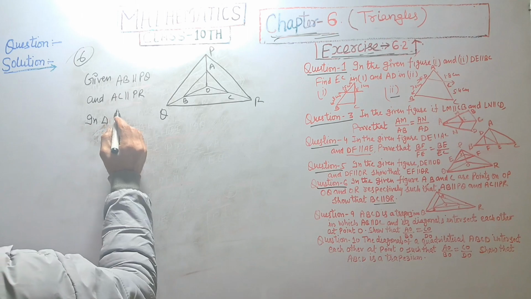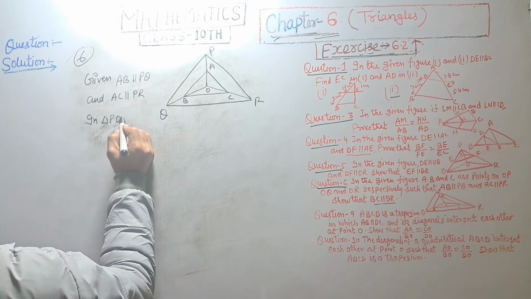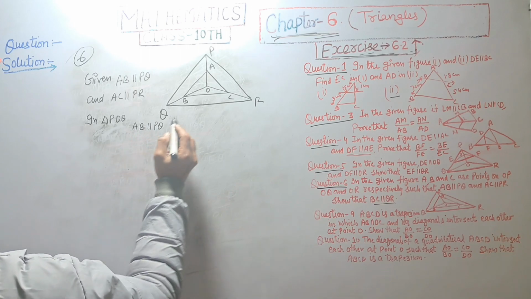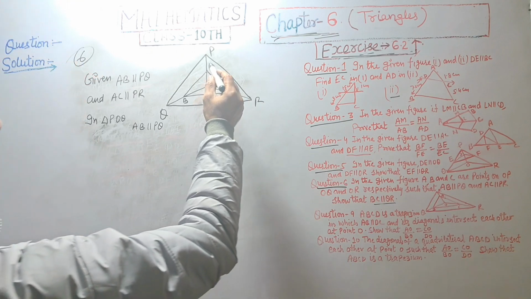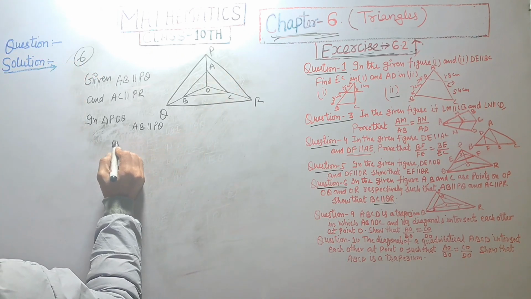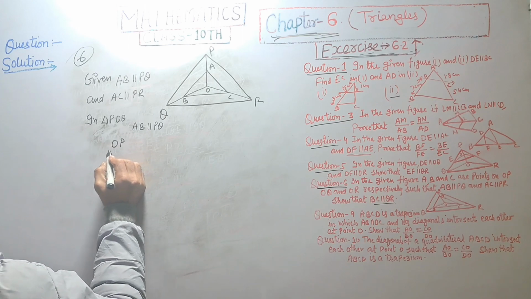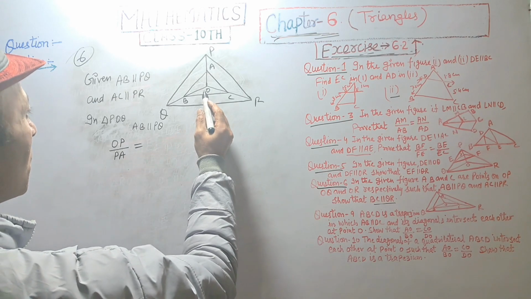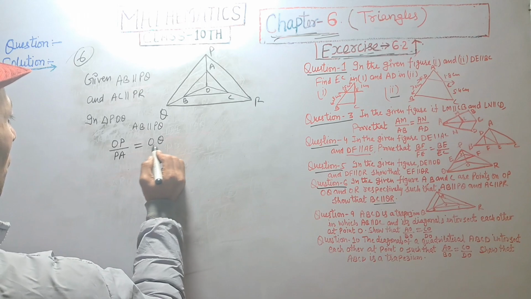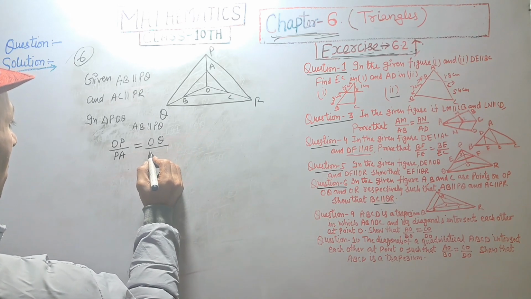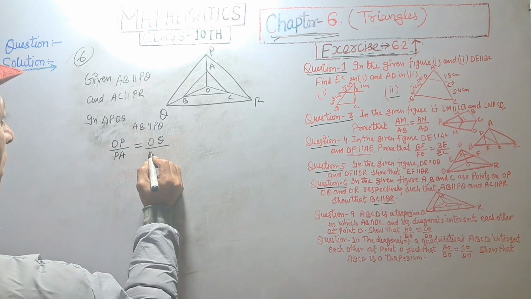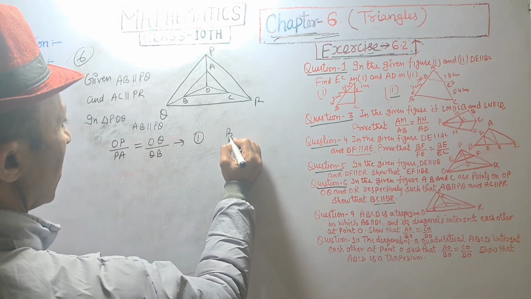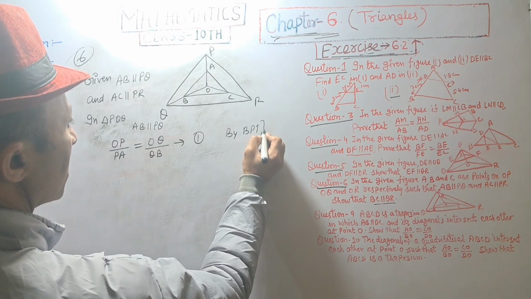In triangle POQ, AB is parallel to PQ, so OP upon PA is equal to OQ upon QB. It's equation number first by BPT.